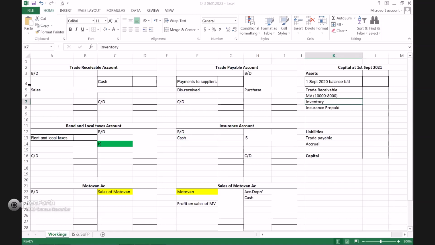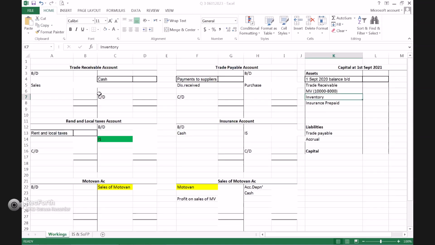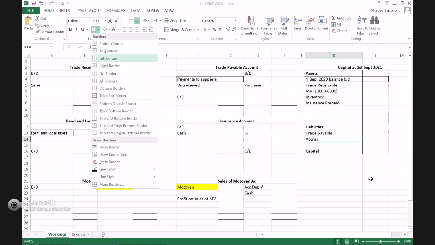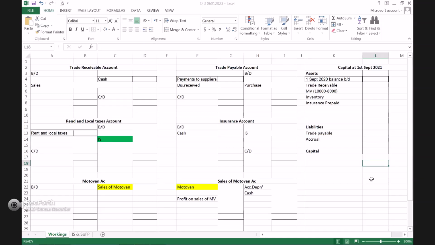For that purpose, we have to prepare the statement for calculating the capital. So please, first you have to copy this one. After that, we have to enter one by one. So I will give 2 minutes.